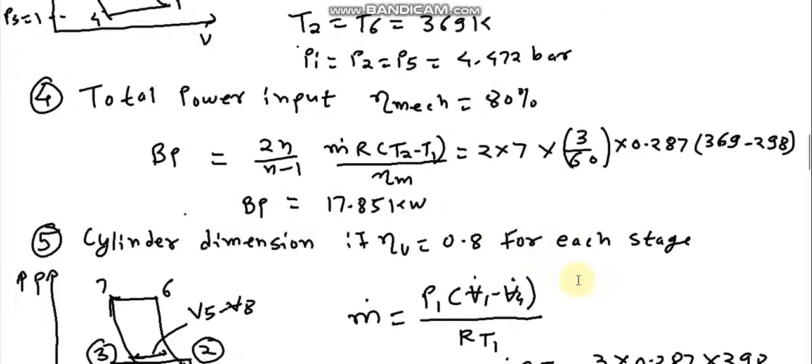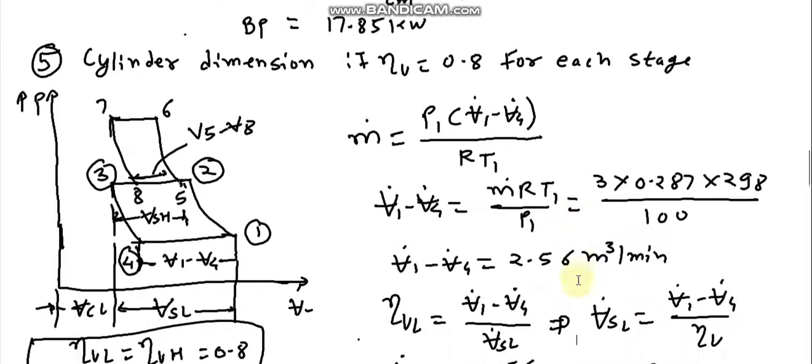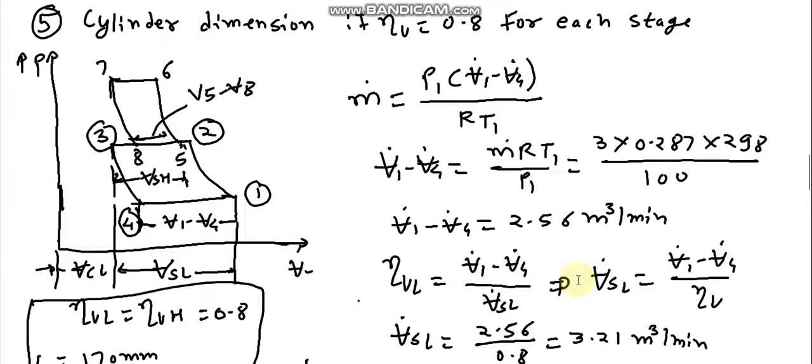And last we have to find out the cylinder dimensions. For cylinder dimensions we are using the mass flow rate equation and the volumetric efficiency formula. This is the actual volume of air taken inside the cylinder. So the mass flow rate at the suction conditions for the LP compressor is P1 into (V1 minus V4) upon RT1.